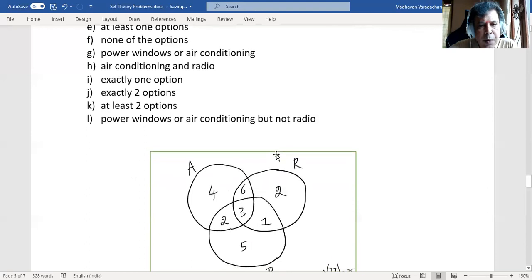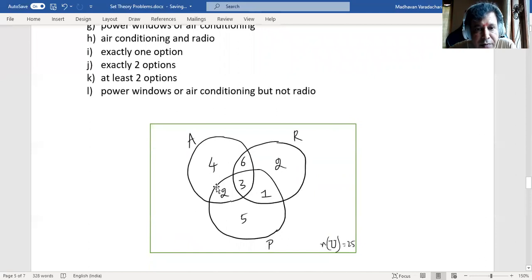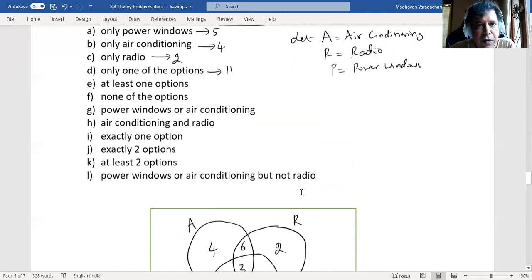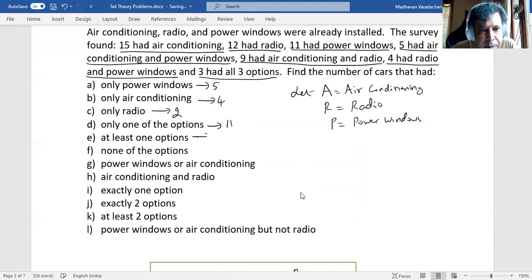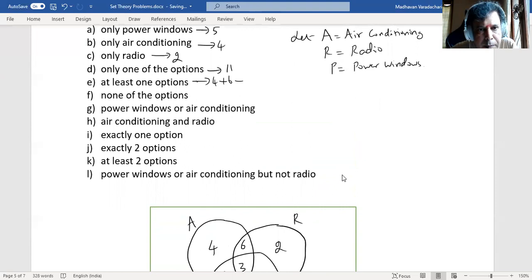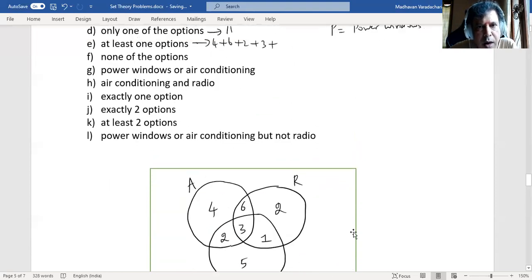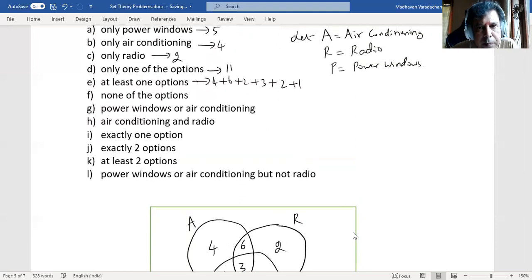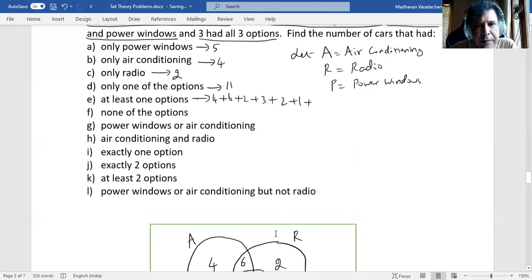At least one of the options. At least one of the options means it is the union of all these, A, R, and P. So that means we need to add all the numbers. 4 plus 6 plus 2 plus 3 plus 2 plus 1, and then finally 5.